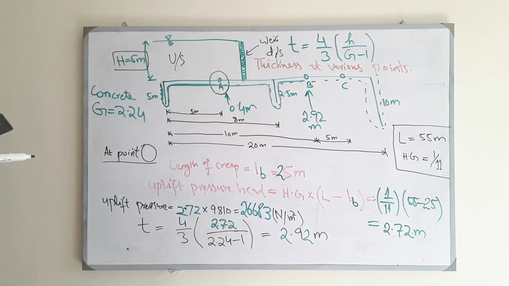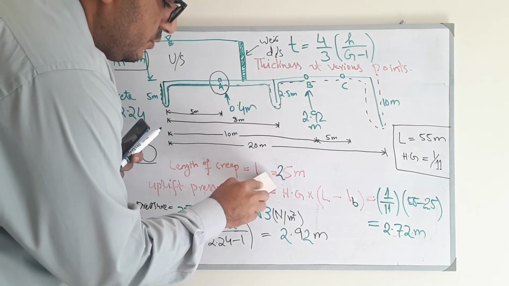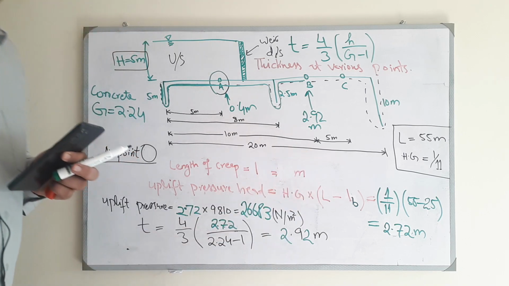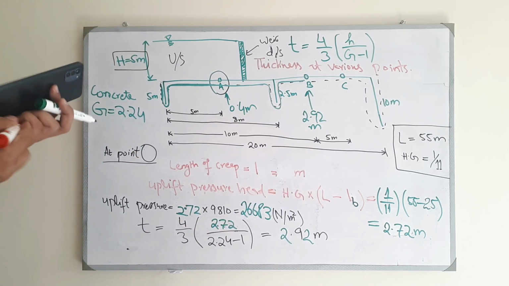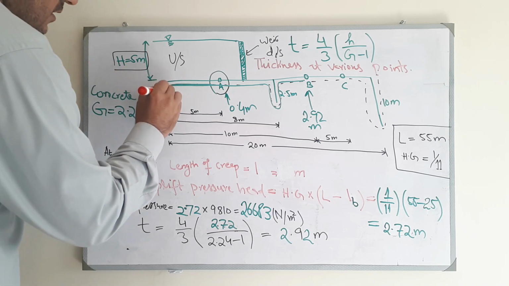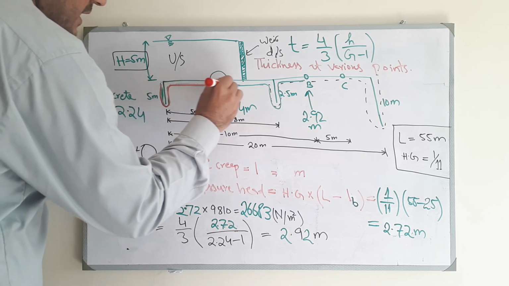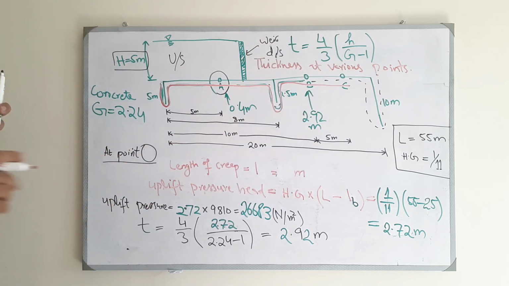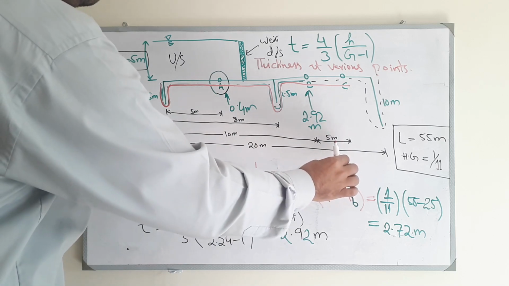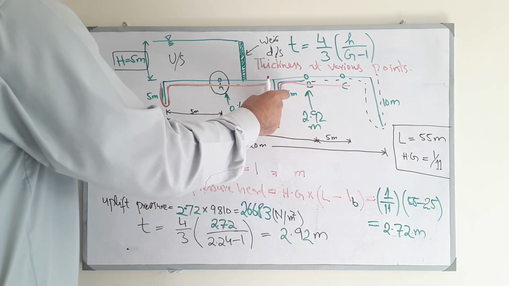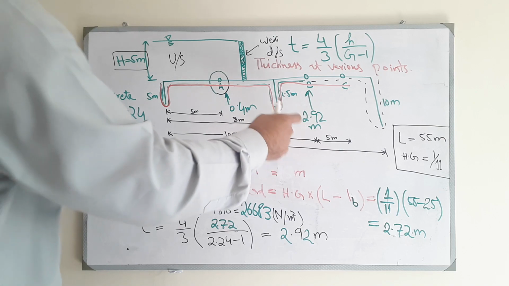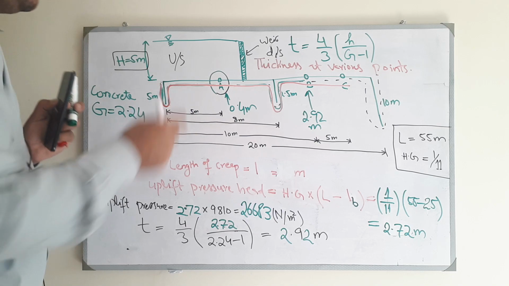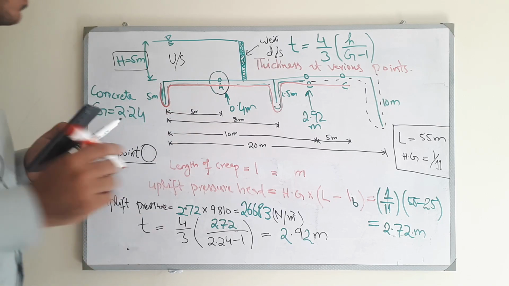So now at point C, what you are supposed to do, in case of point C, now the creep length up to point C we have to calculate here. So up to point C, the horizontal distance is 15 meter, and you will add 2.5 and 2.5, which is 15 plus 5, it is like 20, and then 5 and 5, so it is 30 meter.